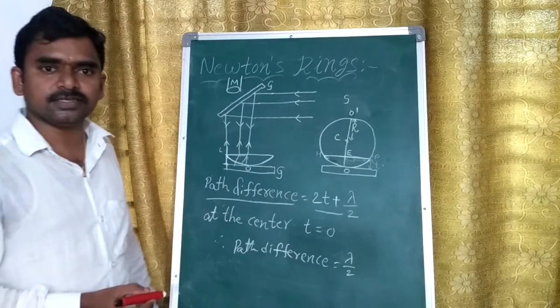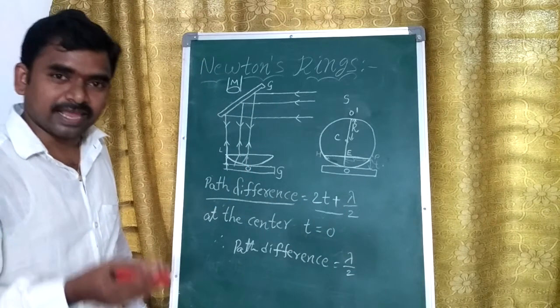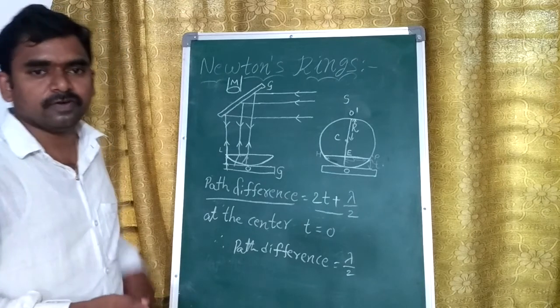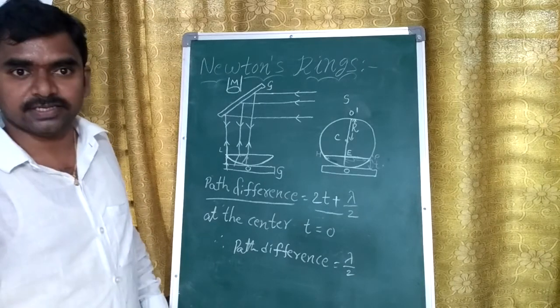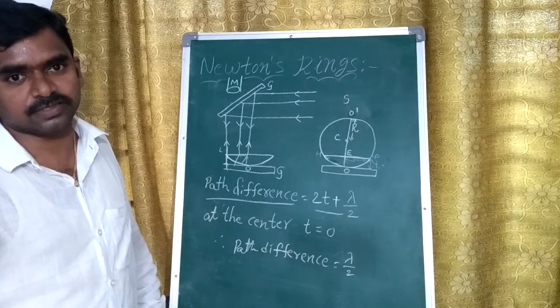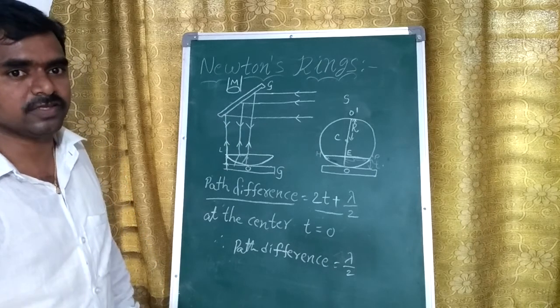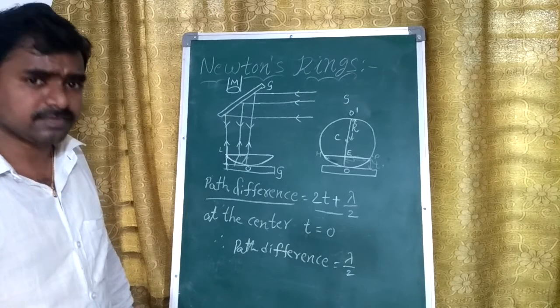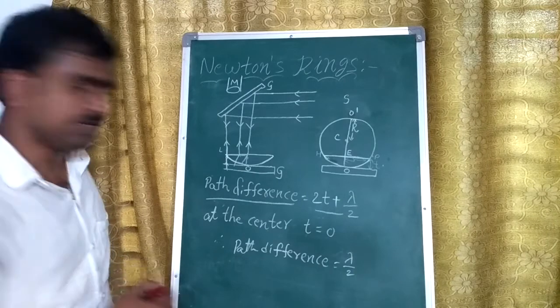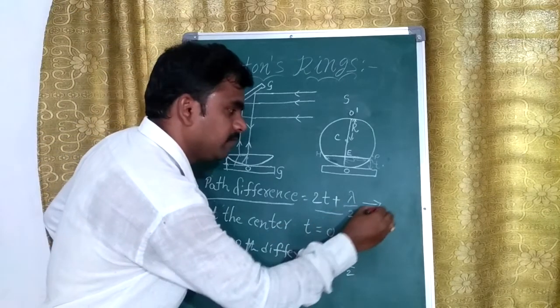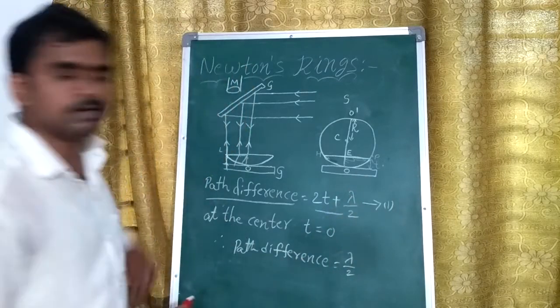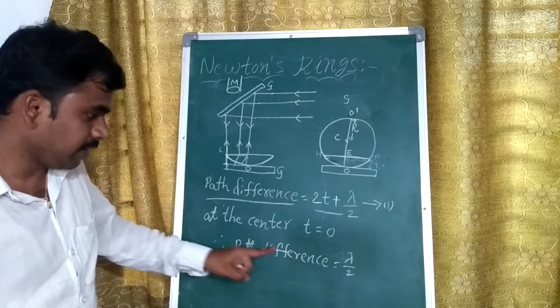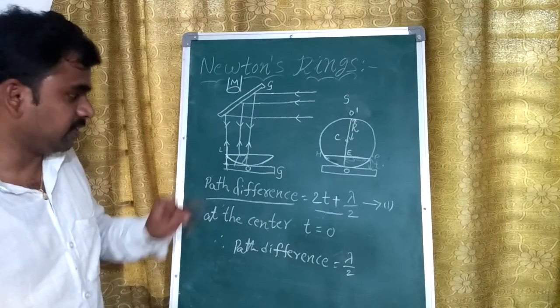As we know, when the path difference is lambda by 2, 3 lambda by 2, 5 lambda by 2, and so on, destructive interference takes place. Due to the destructive interference, we can observe zero intensity. That is the first. This is called equation number 1. So at the center we observe the dark spot.